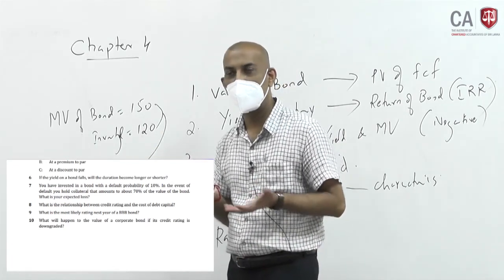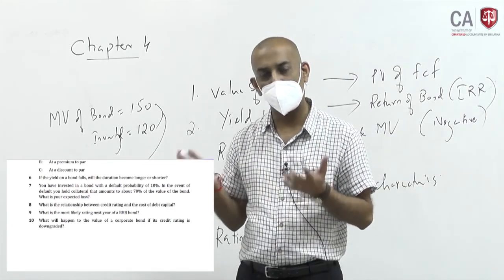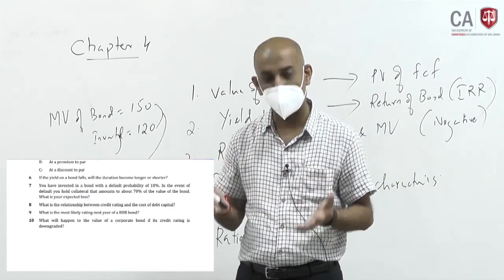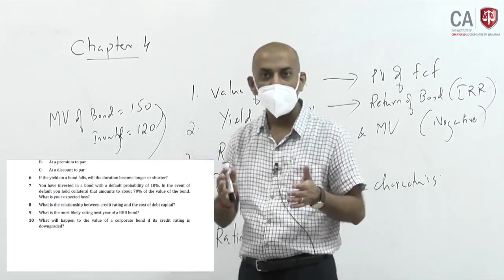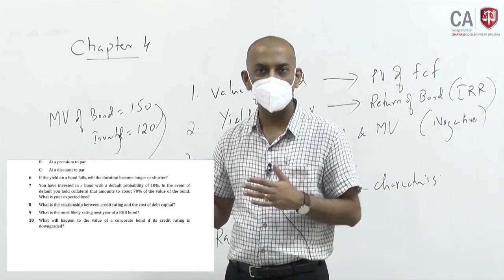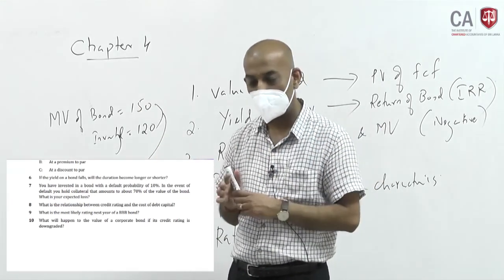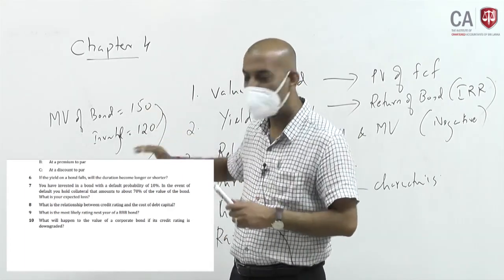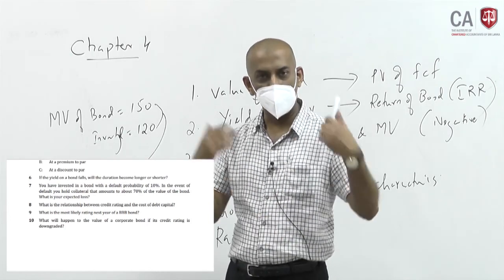So always remember, when the interest rate moves in the market, the value of the bond changes. You would have bought say at 120 yesterday, today interest rates in the market change and the market value of the bond becomes 150. It may be a very large amount I am talking about, but just for understanding, the value has gone up. That's called capital gain. It can happen the other way also.